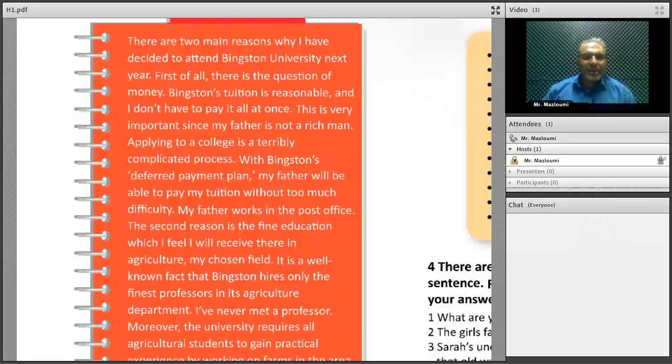The second reason is the fine education I feel I will receive there in agriculture. So he will get good education in this university in agriculture, farming, my chosen field. So the writer's major is farming, is agriculture.